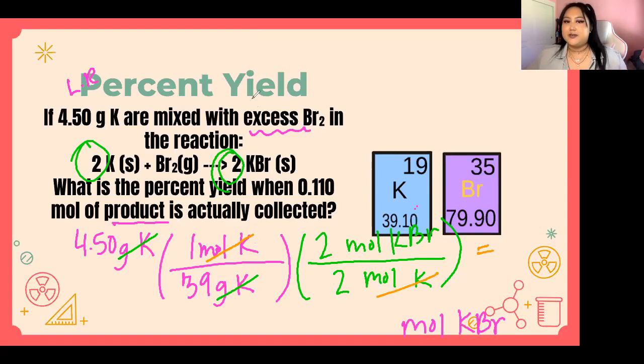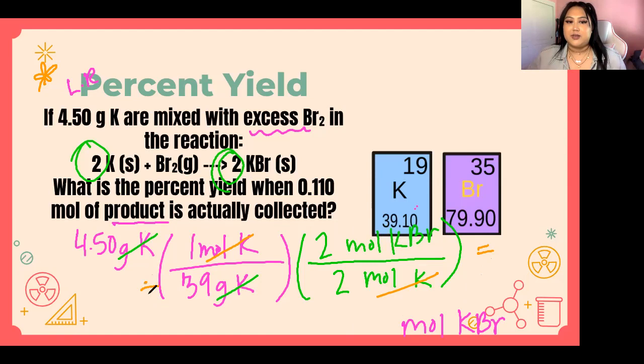If this gave us an amount of Br and we had to find the limiting reactant, we could stop here and figure out which amount of moles is less, right? But since this has already given us that there's only one amount that we need, this is the theoretical value. So what is the product of this?